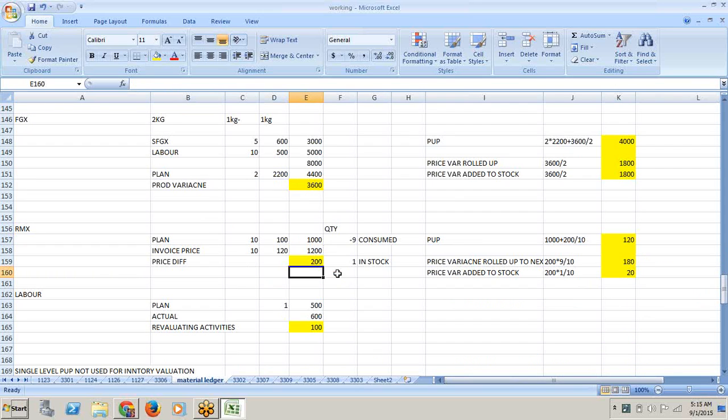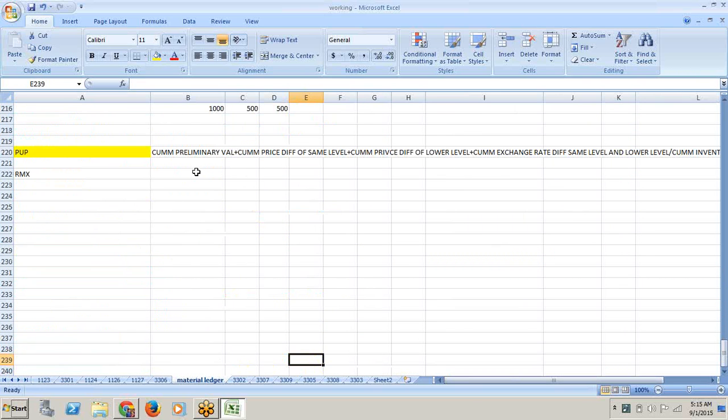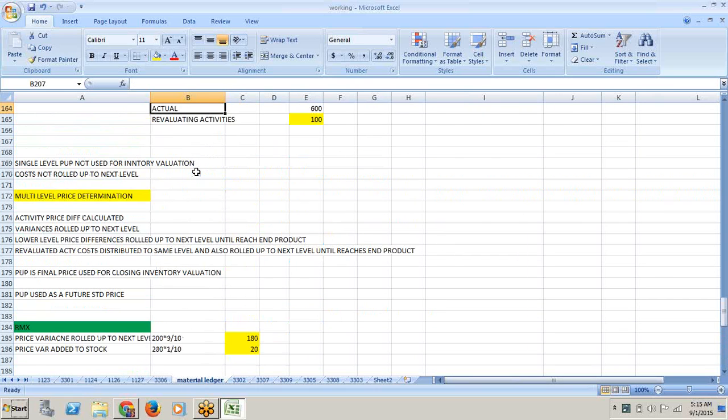Later 200 difference is there. Cumulative preliminary valuation is 1000 rupees. Later the price difference is 200. So 1000 plus 200. Material price valuation is 1000 plus 200 divided by how many kgs it is there?